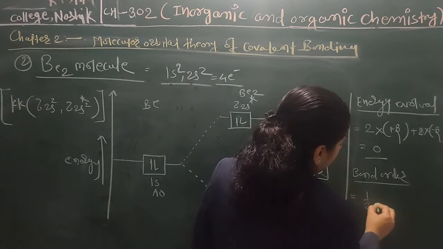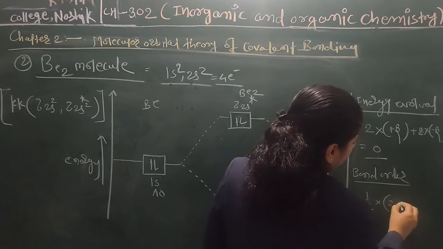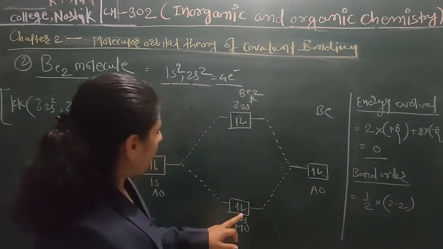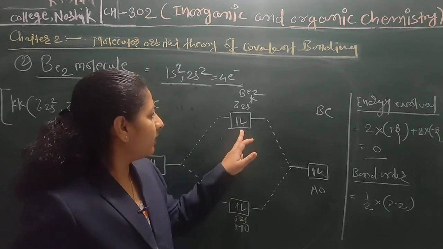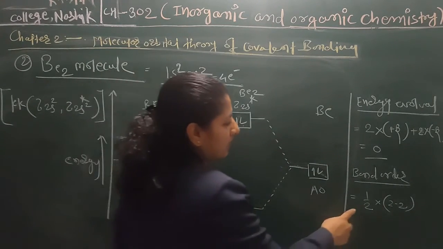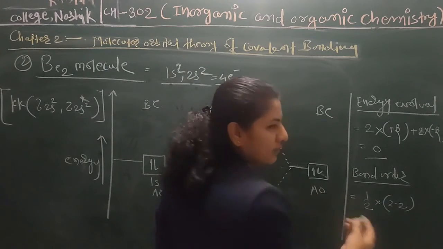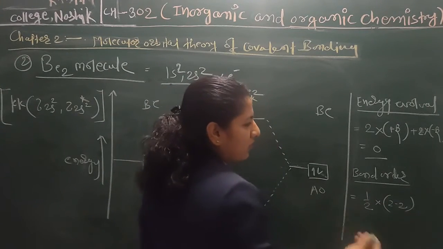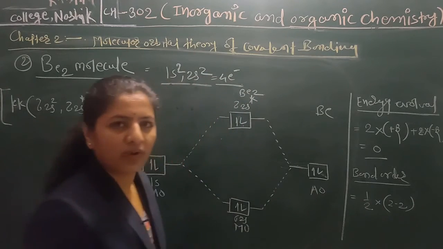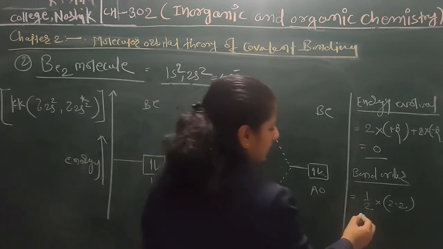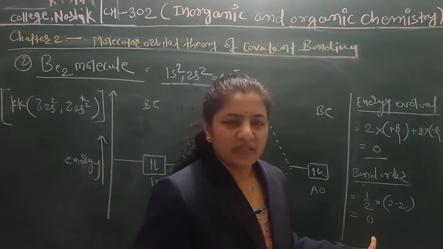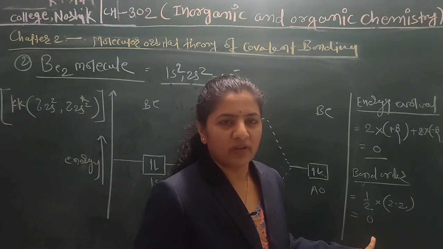That is bonding minus antibonding. So in bonding there will be 2 electrons, and in antibonding also there are 2 electrons. So our rule for bond order, which we already discussed, is half into the number of bonding minus the number of anti-bonding orbitals. So here that is 0. 0 means that there is no bond formation between the beryllium atoms.